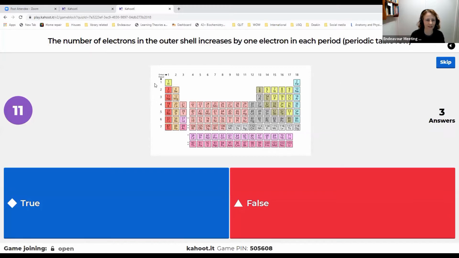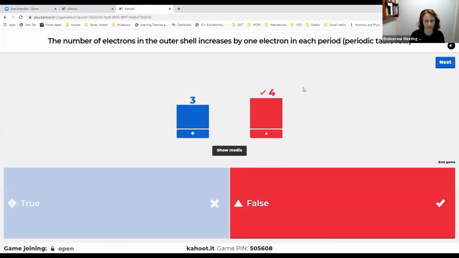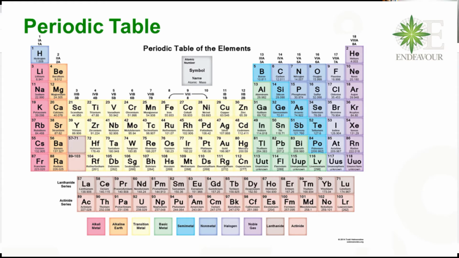So the question is saying, as you go down the periods, which are the rows, do we get 1 more electron down each row? 4 of you said yes, 4 of you said that was false, and 3 of you said yes. As you go down, that's where the number of shells increases, and as you go across the groups, you will get the increase in the electrons.